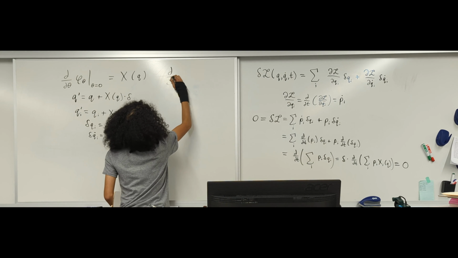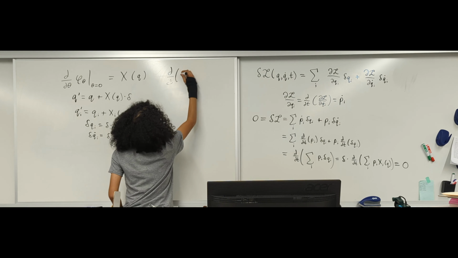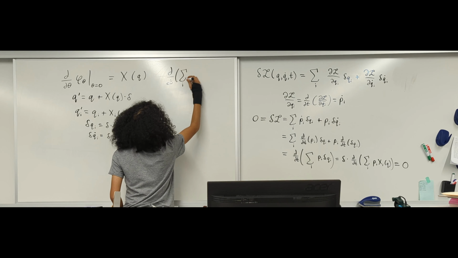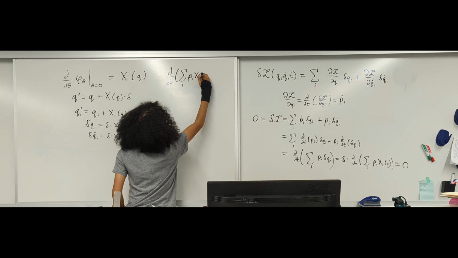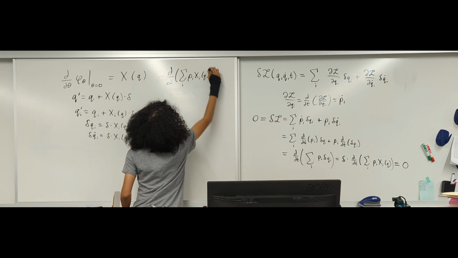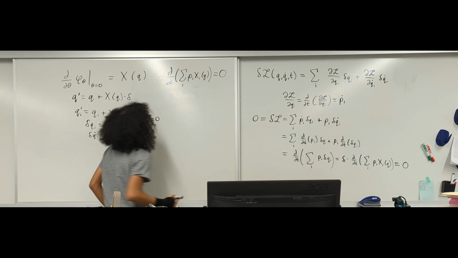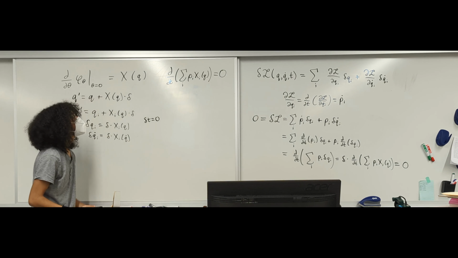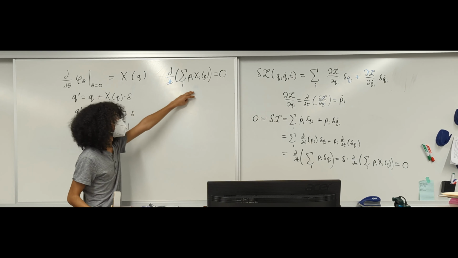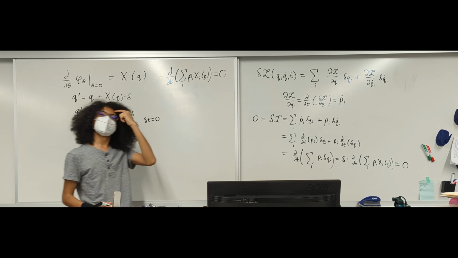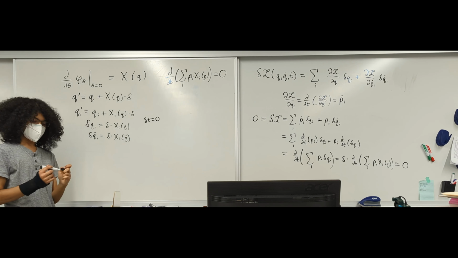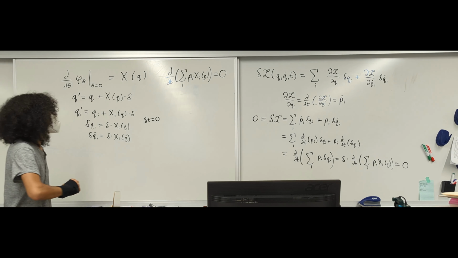d by dt of the sum pi xi of q equals 0. And what does it mean when the time derivative of something is 0? It's invariant, or whatever it is constant. Yeah, exactly. It's constant over time.